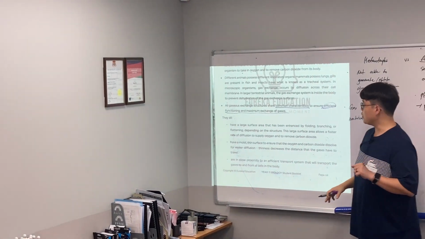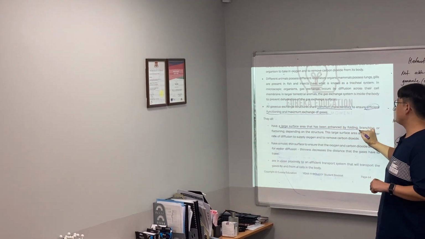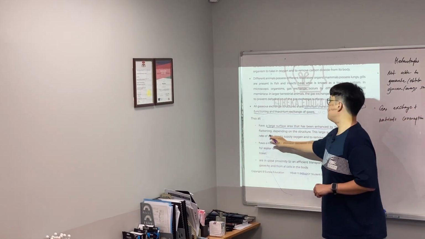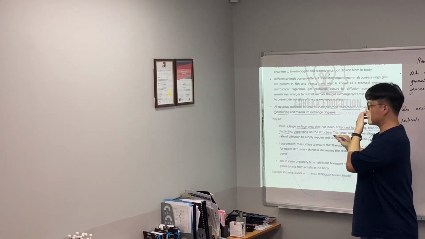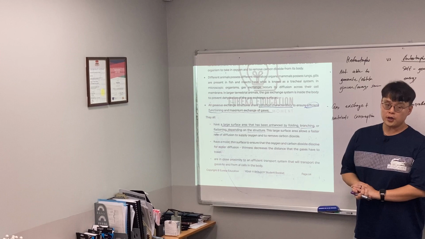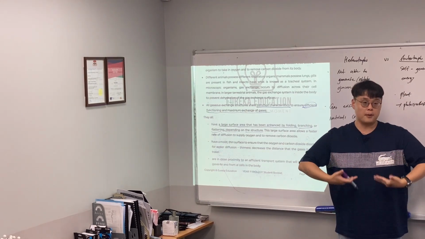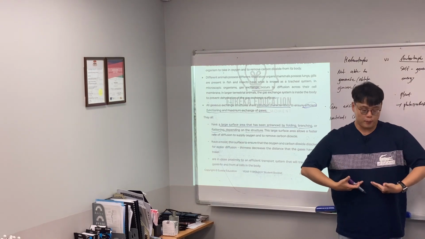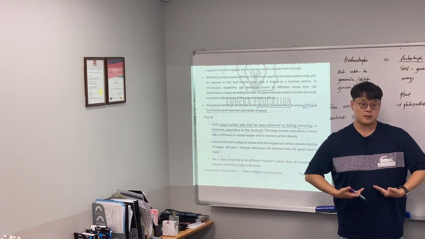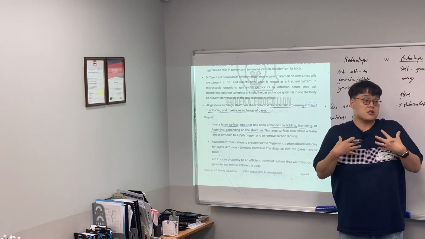One, they have a very large surface area that has been enhanced by folding, branching, flattening, or deepening of the structure. That's basically what we have in the lungs. Think about the size of the lungs: they take about half of your upper body, and below is your digestive system. So the lungs take a huge part because they need a large surface area.